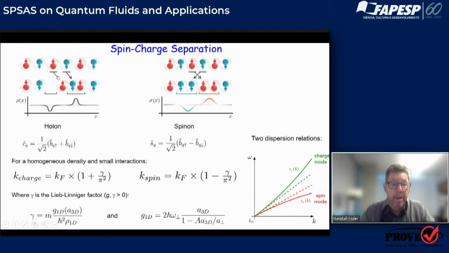This is a spin-one-half system, and at very low temperatures it will arrange itself with antiferromagnetic correlations. This is very much like the Hubbard model, in that this is the configuration which lowers the energy. This is the ground state configuration of a one-dimensional spin-one-half Fermi gas.